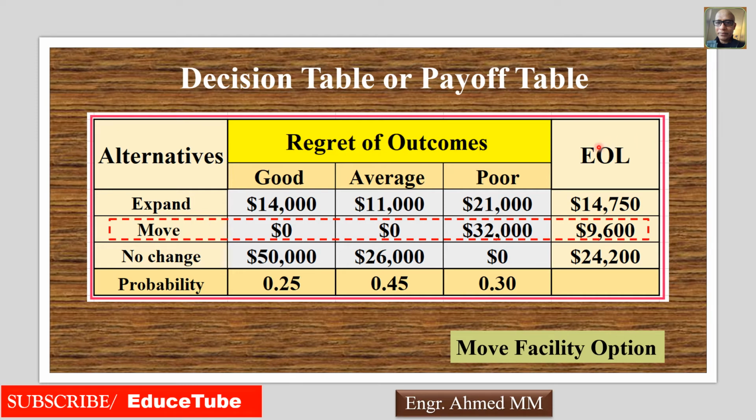Now for this one EOL also we are choosing the move. So the alternative suggested by maximum EMV is the same as alternative suggested by minimum EOL. This is a very important point. Both cases we have chosen the same alternatives.